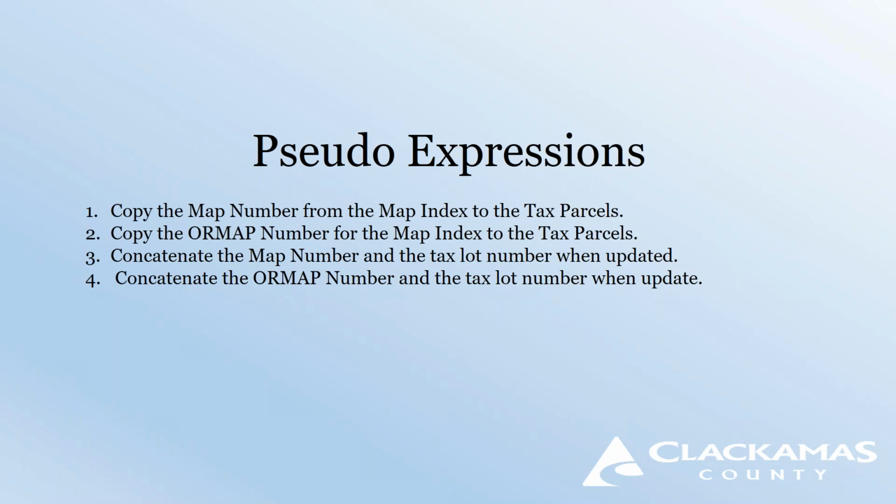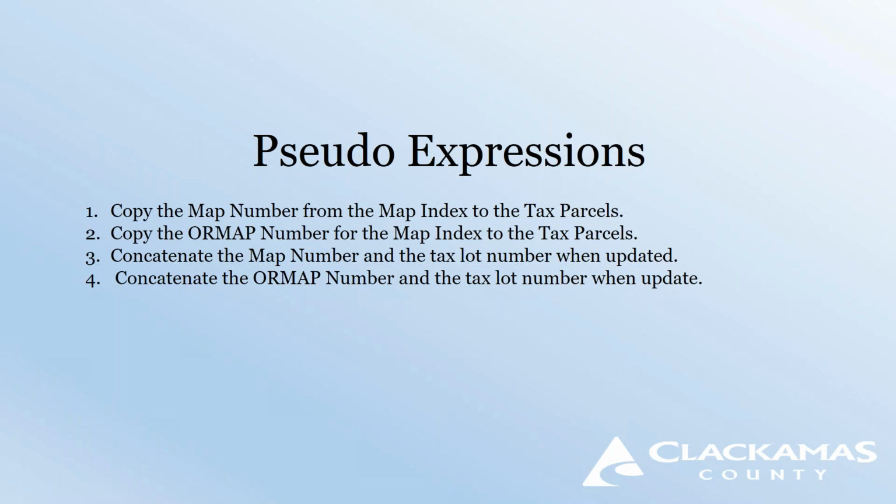In this case, a lot of it is copying attributes from one feature to another feature. So we're copying the map number from the map index to the tax parcels. We're copying the ORMAP number from the map index to the tax parcels. We're concatenating the map number and the tax lot number when there's an update. We concatenate and repeat the process with the ORMAP number.